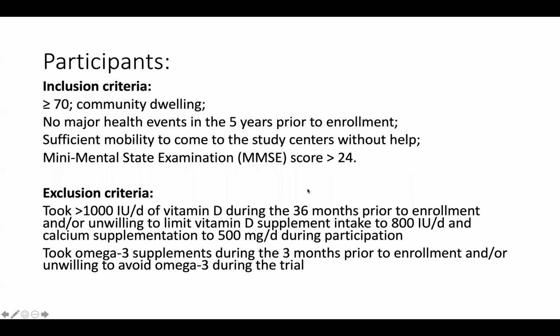This study enrolled participants 70 years or older who live in communities, have no major health events, have sufficient mobility, and a good cognitive status.